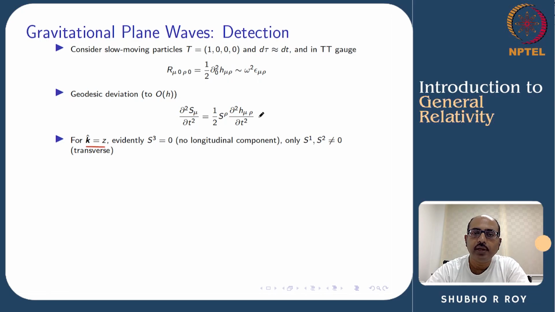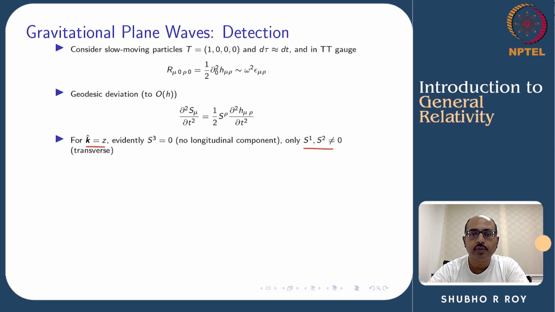Because if this is 3, h will be 3, and we know from the polarization studies that epsilon mu nu for a wave going along the z direction has no 3 components. It only has 1 and 2 indices as non-zero components. So there will be no longitudinal component of the deviation, only the transverse. So S1 and S2 will not be 0.